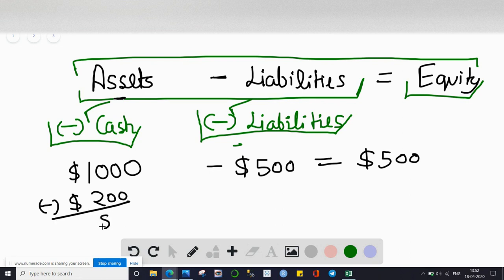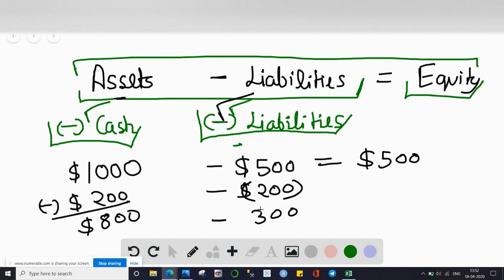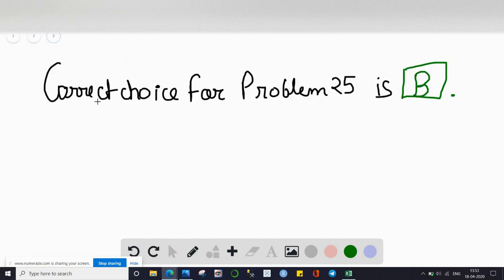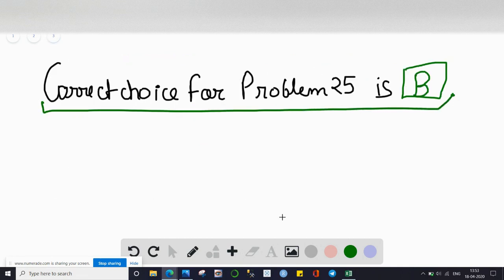Now the resulting assets are $800. Liabilities will also get decreased, now 300. So the equity effect is 500. We can say both sides decreased by 200. That's all for the current solution. Thank you.